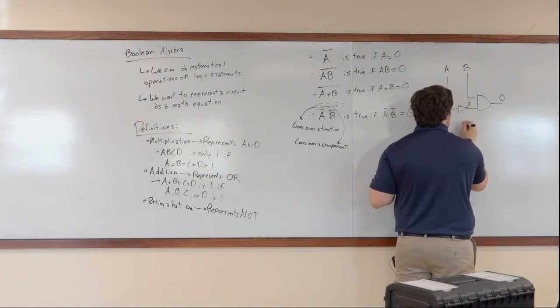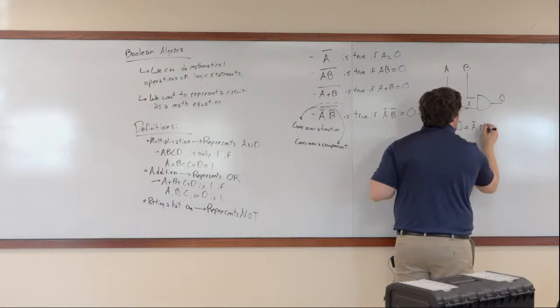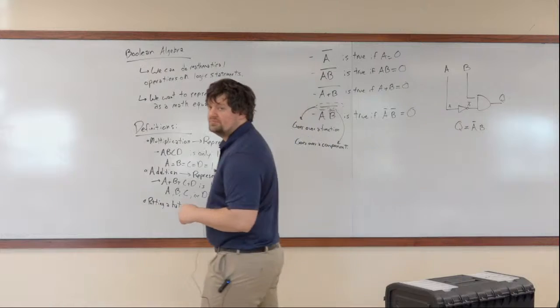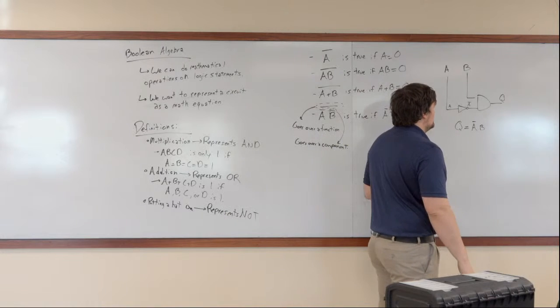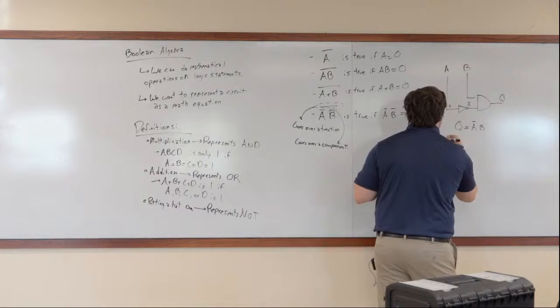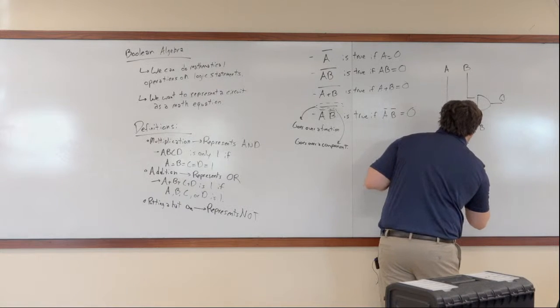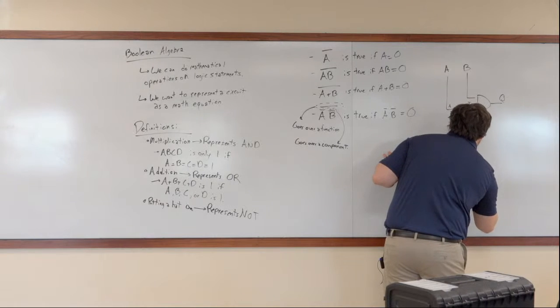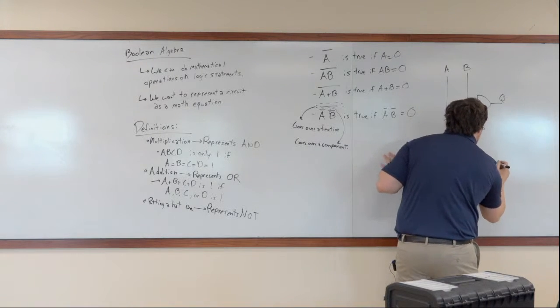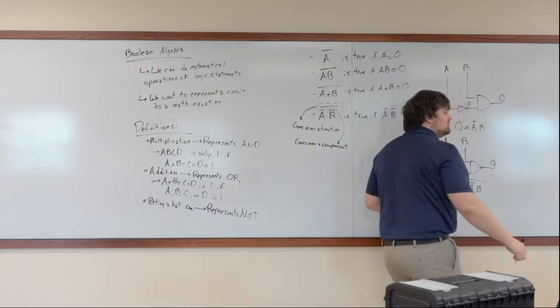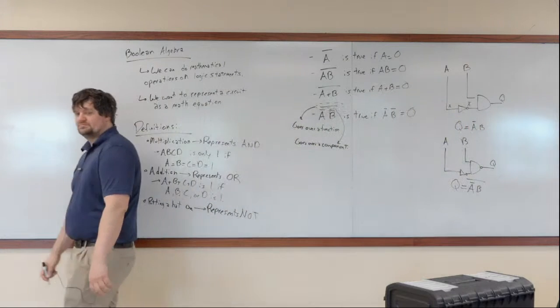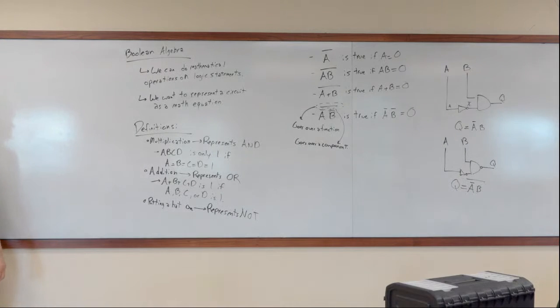So Q here is equal to A naught B. But I could also turn this into A and a B, have this go into a NOT statement, have this come into this and then turn this into a NAND, and then Q is equal to A naught B naught. Okay?